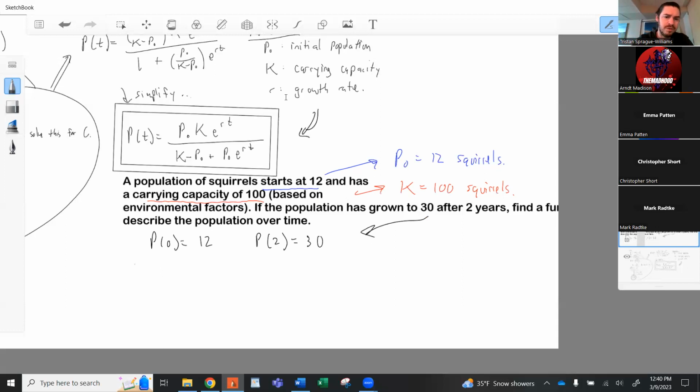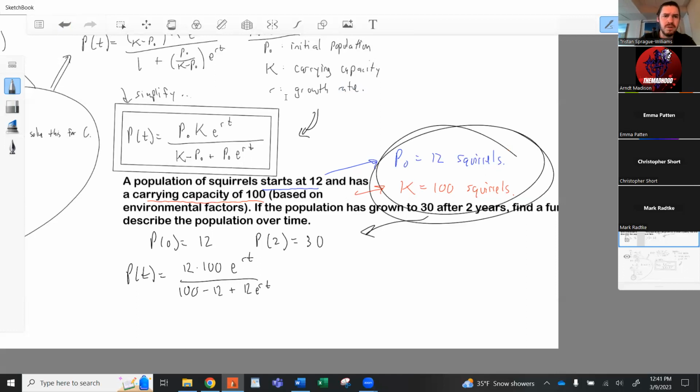We know so far that P of T is going to equal 12 times 100 times e to the RT over 100 minus 12 plus 12 e to the RT. That's this formula with these two parameters plugged in.